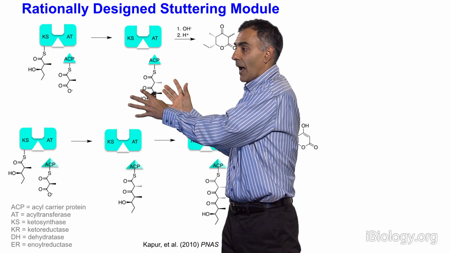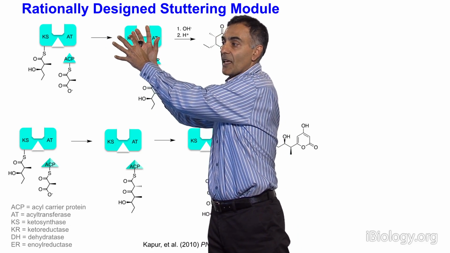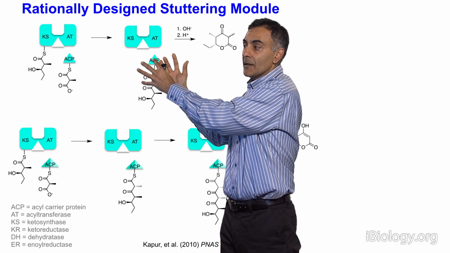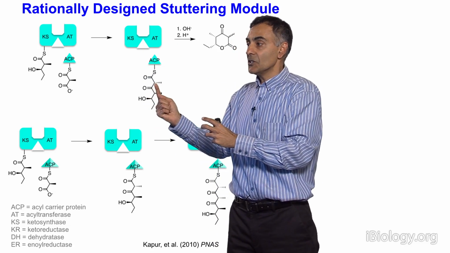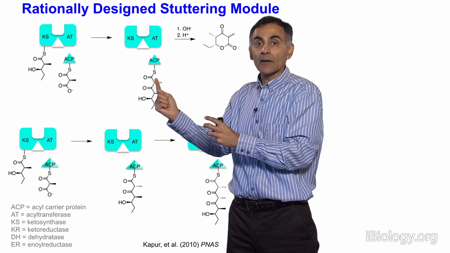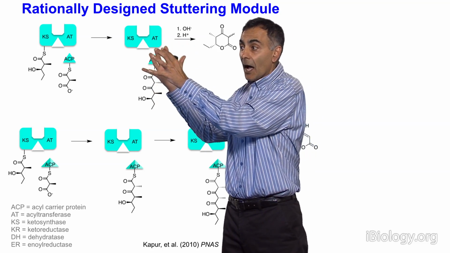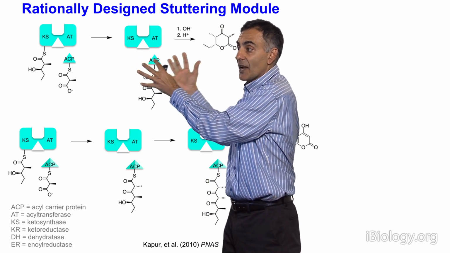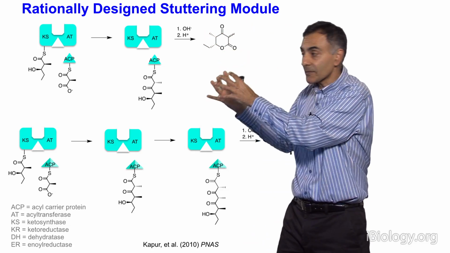And the reason it stops at this point and doesn't go back to the same carrier protein is that this carrier protein is a partner of this ketosynthase in this chain elongation reaction that forms this critical carbon-carbon bond, but it is not a partner for chain translocation. Its chain translocation partner is elsewhere on that assembly line.